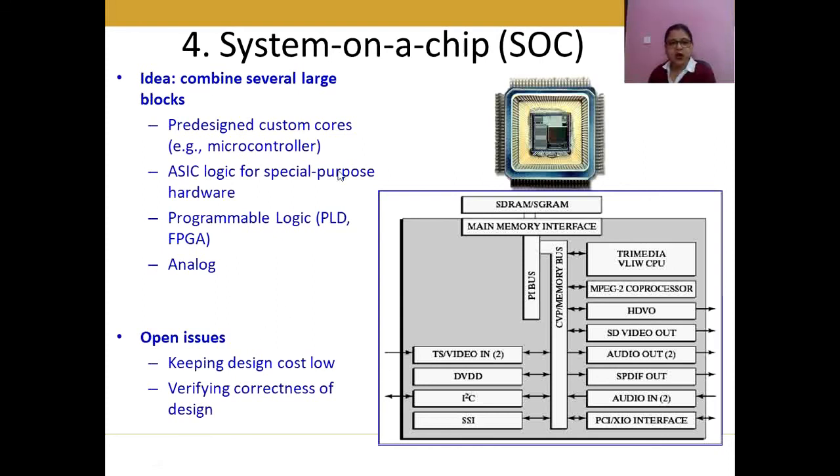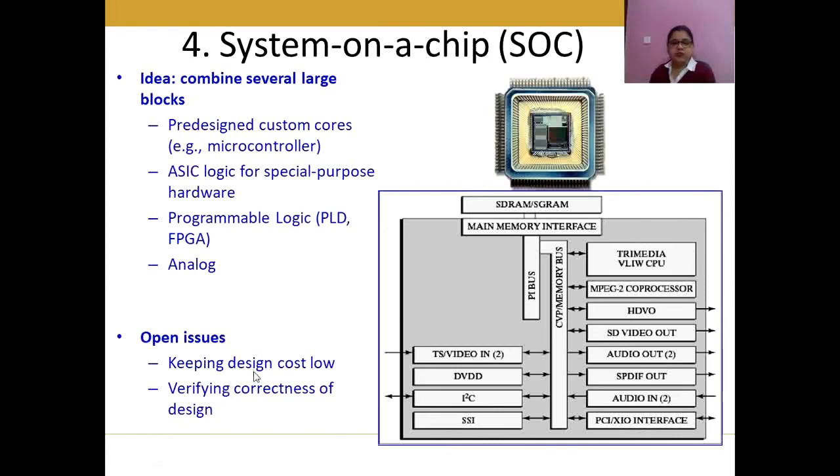They all are integrated on one single wafer, and hence the name system on a chip means one chip is carrying a complete, entire system. Like in this, you can see it has all the units integrated on one single chip.